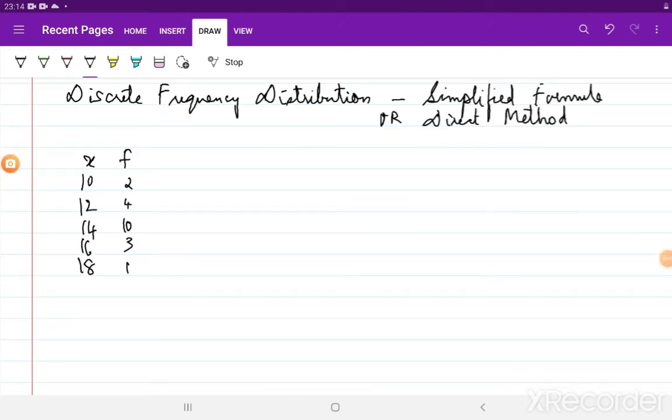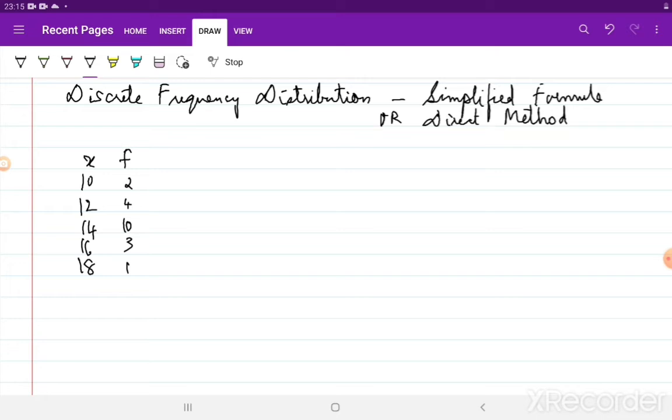Now let us calculate the standard deviation for a discrete frequency distribution, which means you have an x value, which is a point value like 10, 12, 14, 16 and 18, and you have the corresponding frequency given to you in the frequency table. So first let's use the simplified formula.